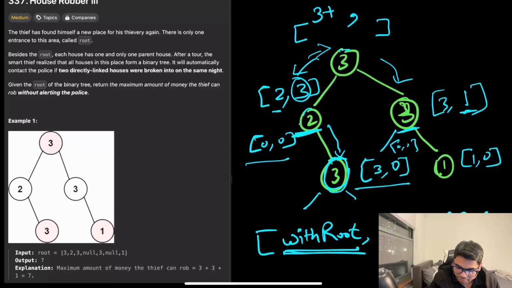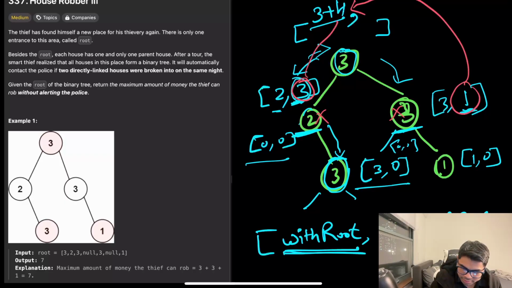So that means I'm going to join these two values, 3 and 1, 4, and place them over when I'm choosing 3. Because that time I'm not choosing these two values. So whatever came from bottom could be collected and added to my answer when I'm choosing 3.